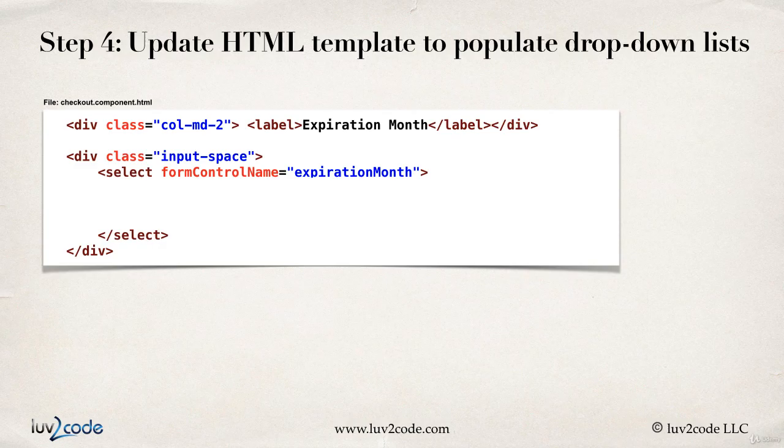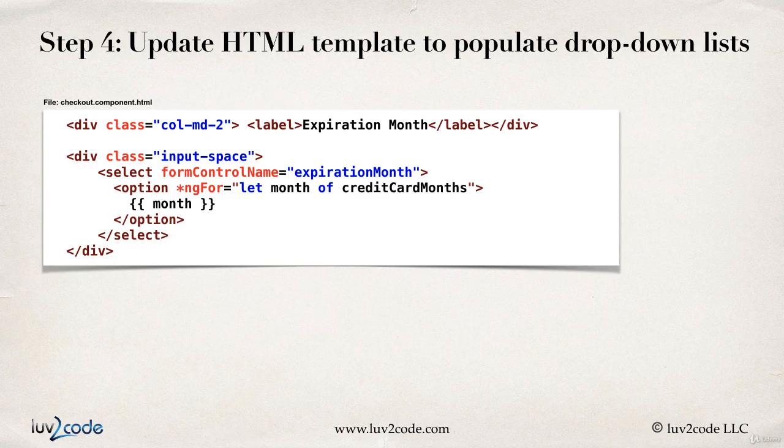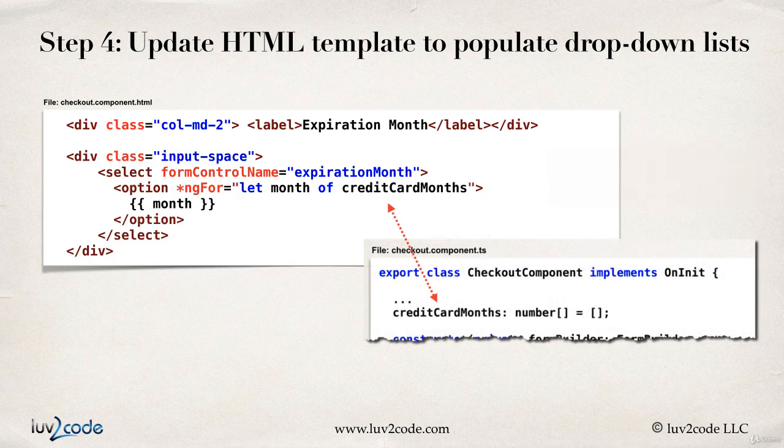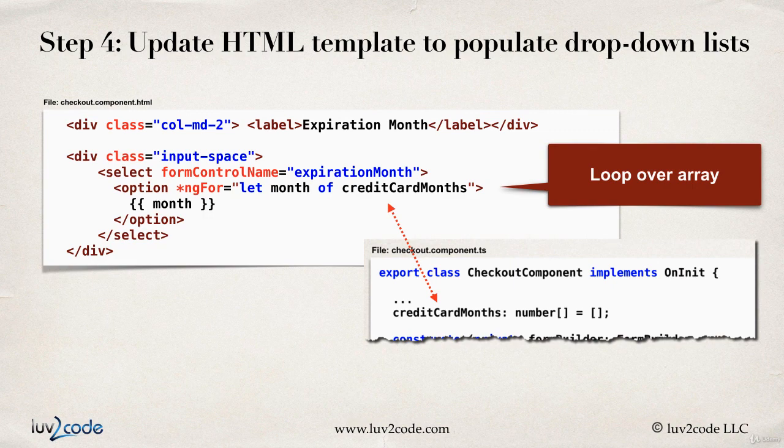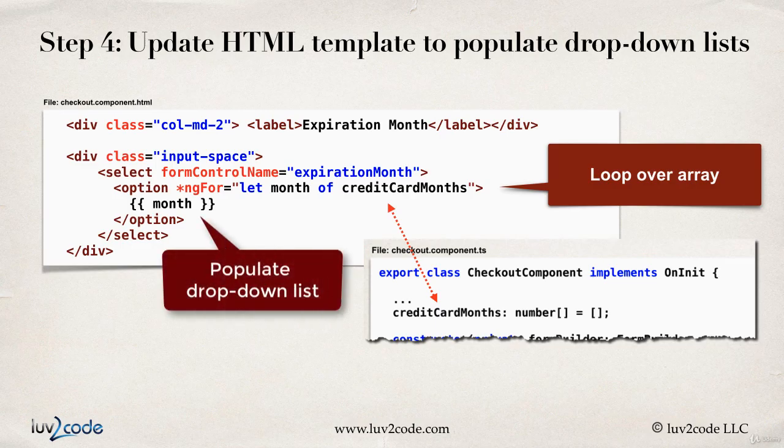In our select formControlName, expirationMonth, here we make use of that ngFor and we loop over the array. So let month of creditCardMonths, that's from our component that we just created and populated accordingly. Then in the center here, we do the curly brace month to actually display that given month and populate the drop-down list.